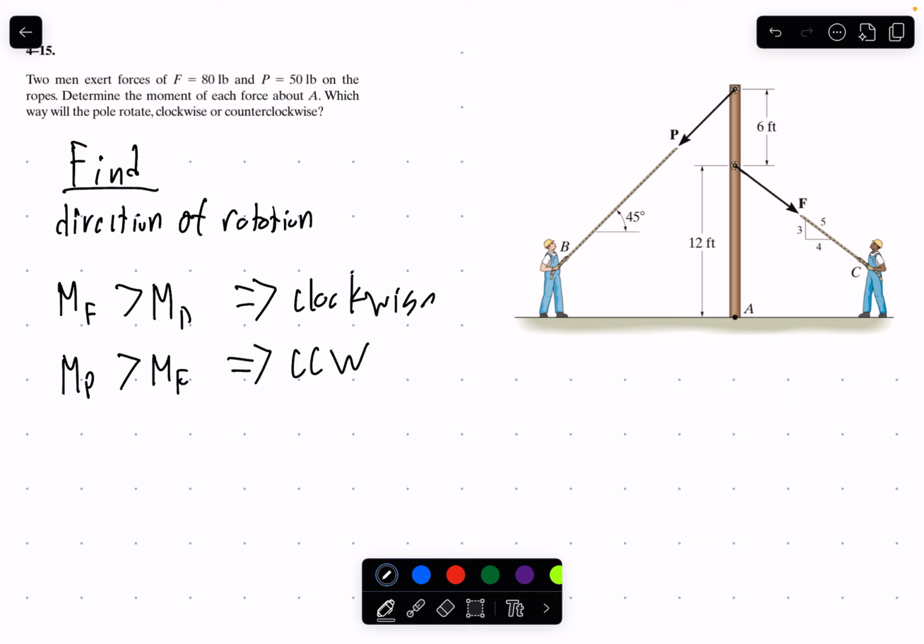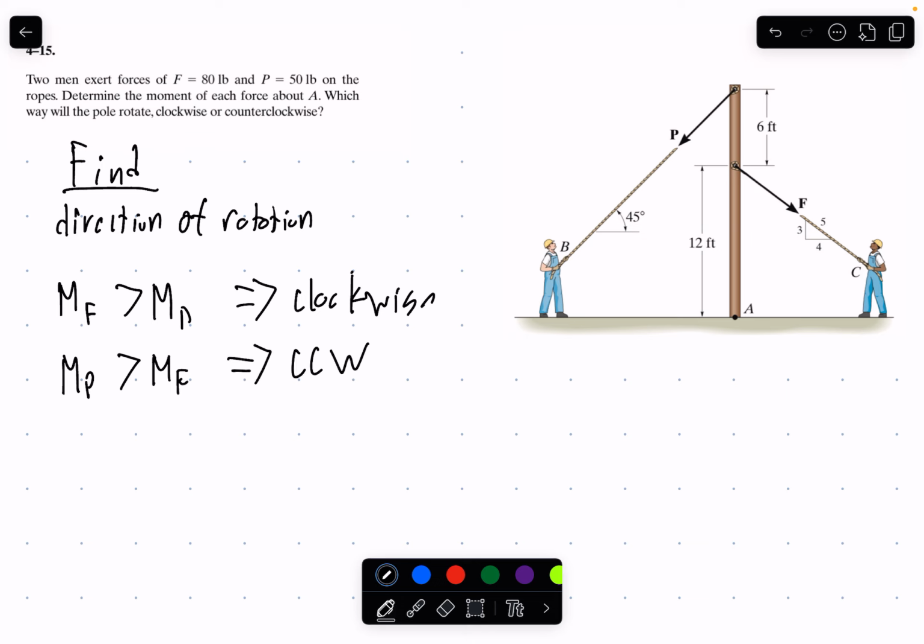Okay, so as always, a diagram to start. Even though this is a problem that is in motion, we're going to assume that the pole is massless. There's no support really acting on it, just the support at A, but we're going to assume that it doesn't create a moment here.